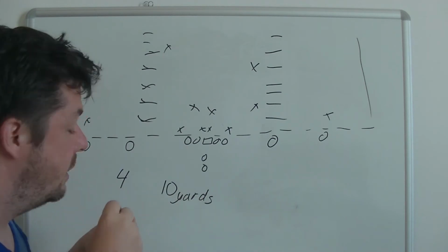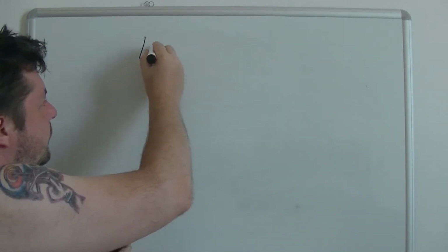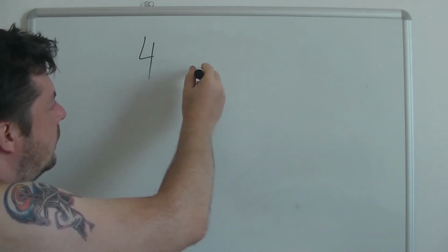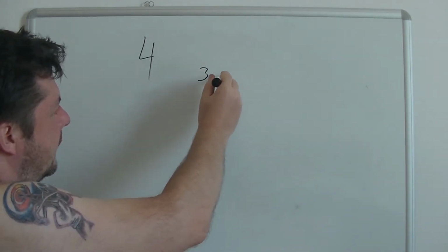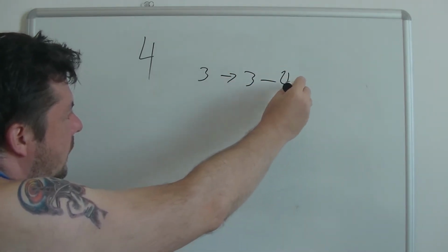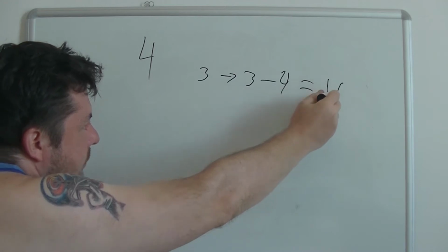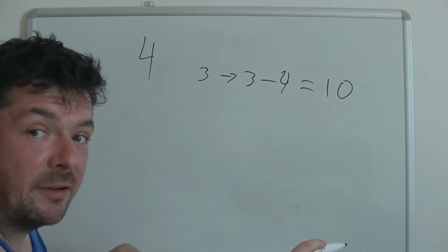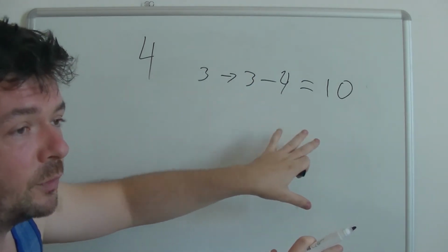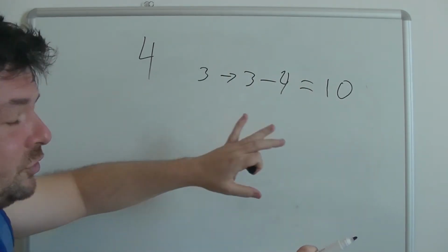So when you've got your 4 plays to go 10 yards, if you go 3 and then 3 and then 4, that equates to 10. At that point, we will have a first down, but you've only used it 3 times. This doesn't roll over. You don't get 5 the next time. You start over.